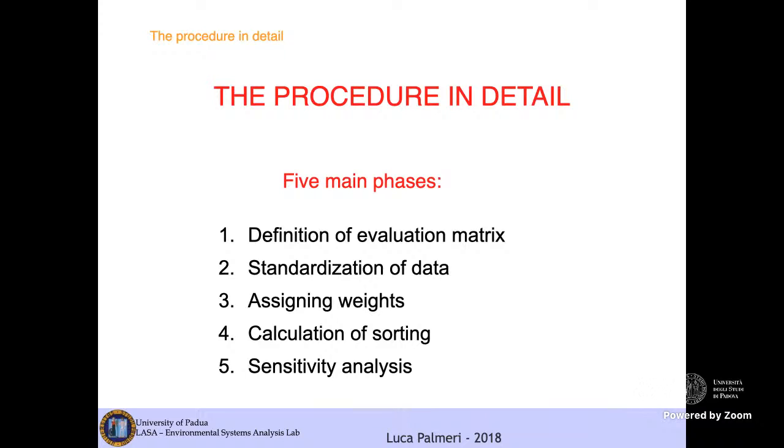It is a way of tuning the decision method or the decision model or a multi-criteria model on the particular necessity of a decision or on the particular aspects that are thought to be more relevant. The fourth step after assigning weights is that of calculating the sorting or rankings. Ranking of what? Ranking of alternatives.